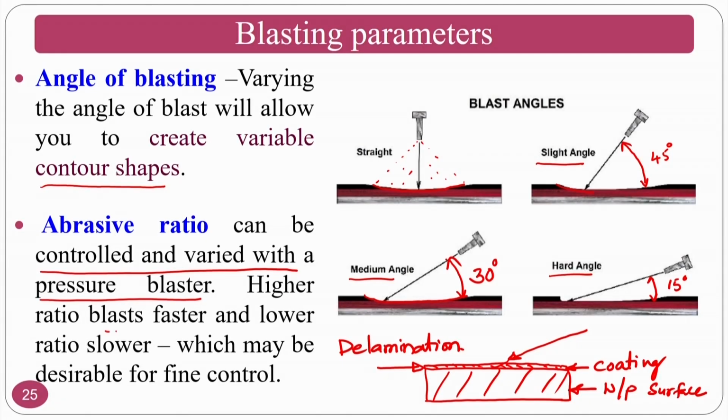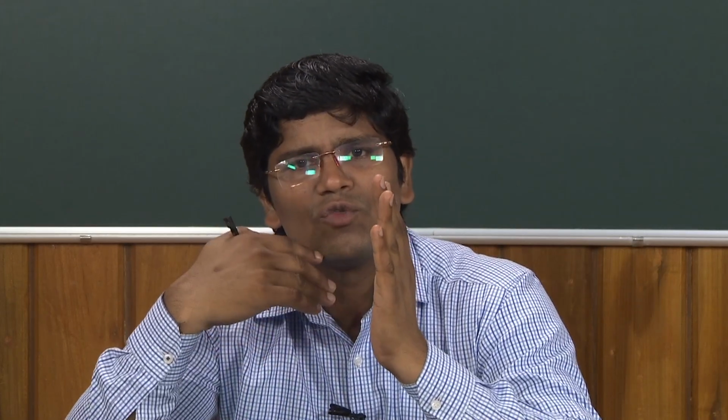So if your air pressure is very high and abrasive particles are very few, the abrasive ratio is very low. If you want a higher ratio of blast, it is faster, and a lower ratio is slower. If I want to blast very fast, that means I want very high material removal, then you can go for the faster one. If I want less material removal or a uniform surface, then you can go for a lower ratio, the slower one.